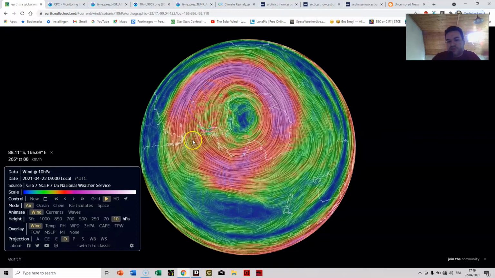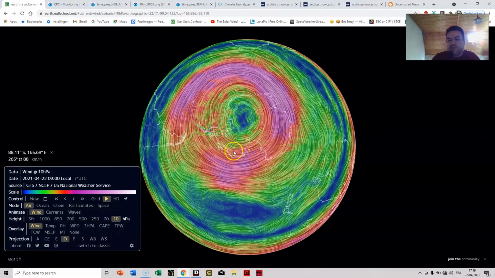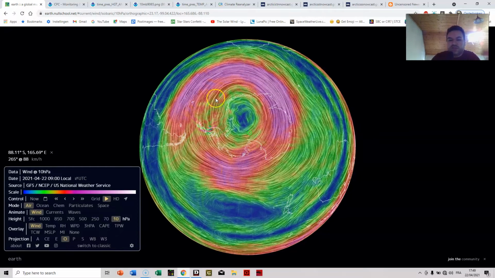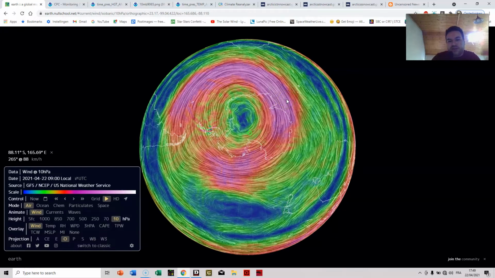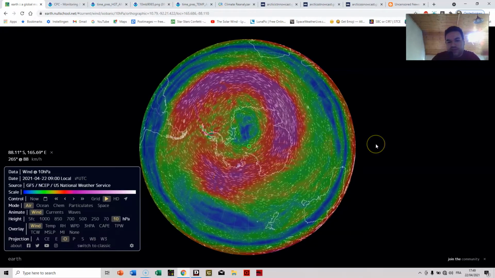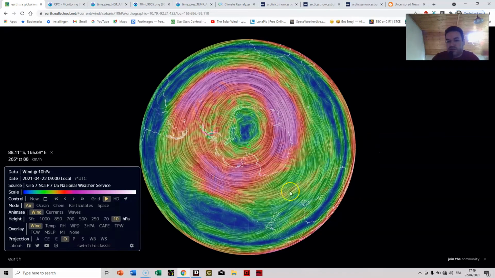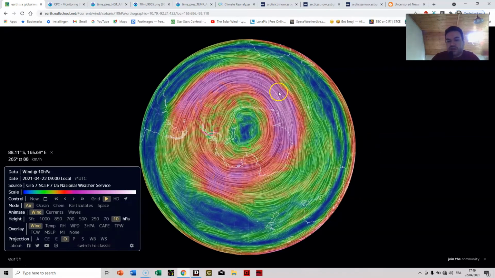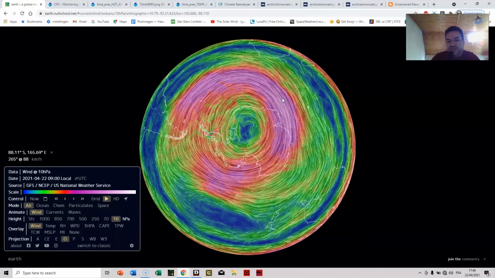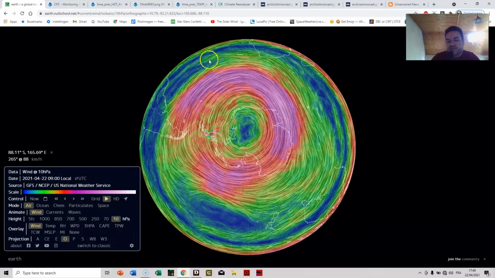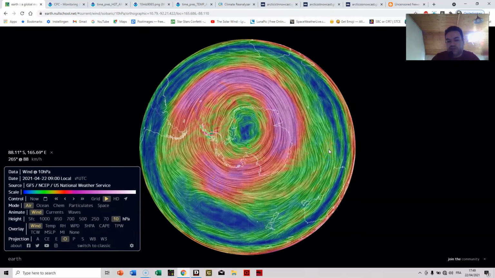The polar vortex spins very fast over the polar region, over Antarctica, and in doing so it keeps the jet stream confined to a certain region in a circular motion, and it prevents the cold from exiting the polar region.